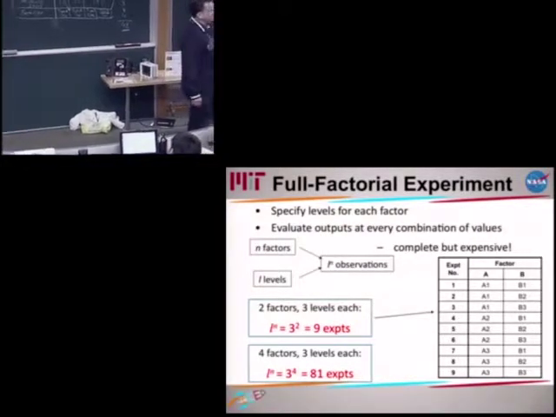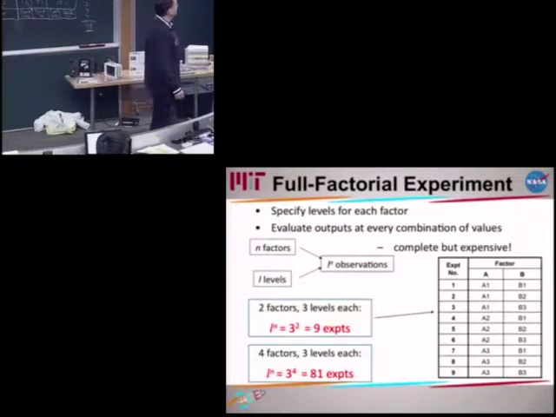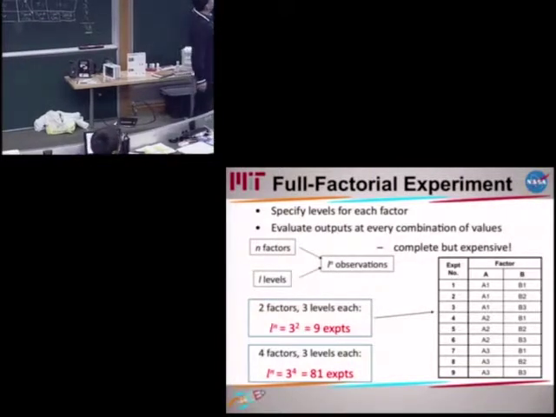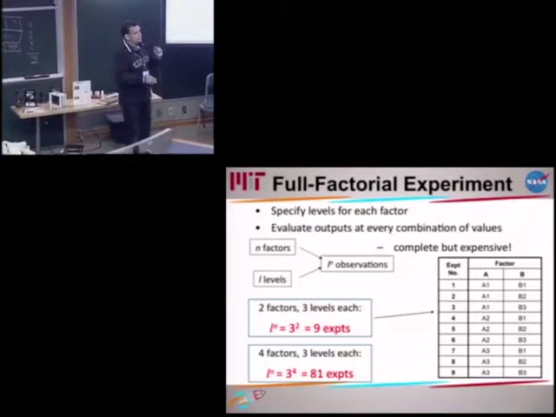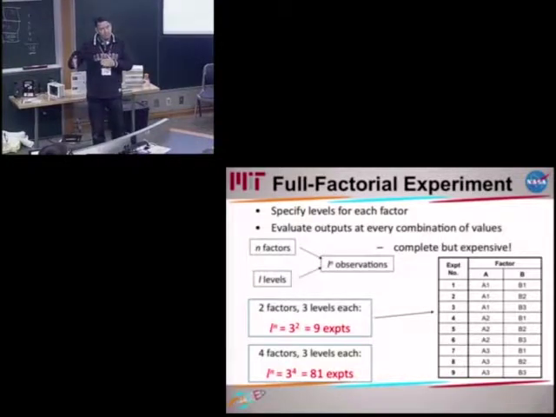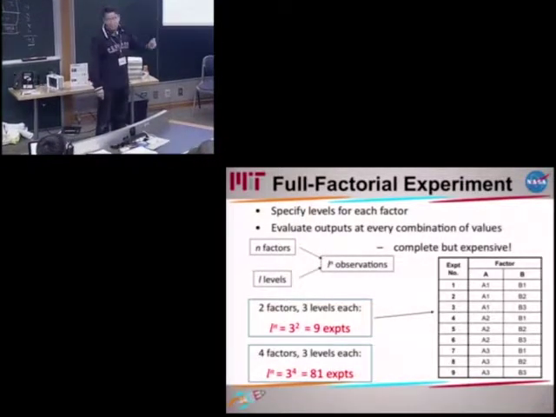So how many observations do you need for full factorial? Under the assumption that all your factors are subdivided in the same number of levels, so n factors, in this case we had 3, right?